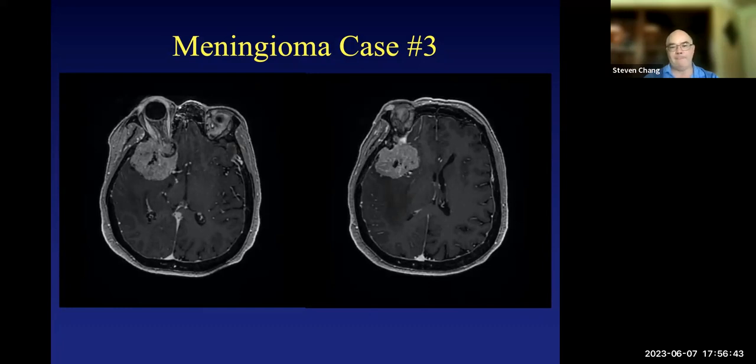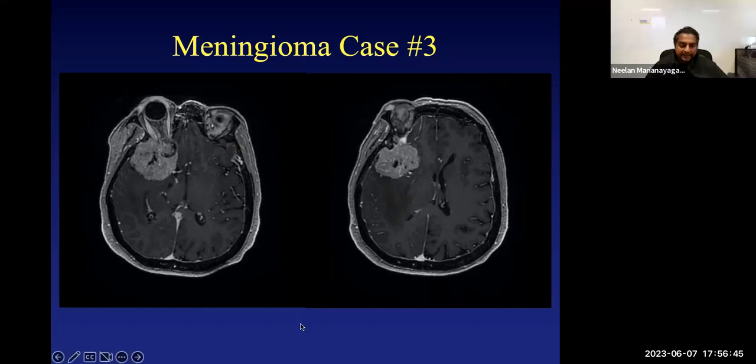You can get different types of edema. It's basically an extravasation of fluid flowing into the brain from another compartment. With tumors, it's likely caused by disruption of the blood-brain barrier. So fluid from the blood vessels flows into the brain, increasing the mass effect or the pressure from the tumor.